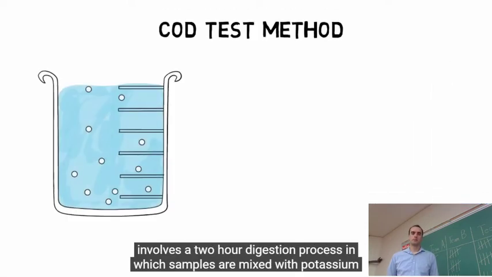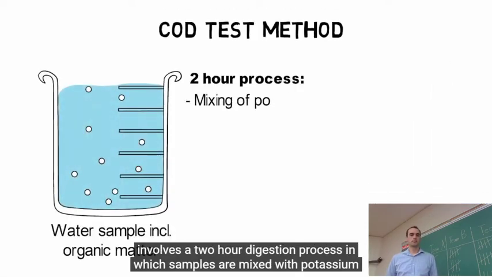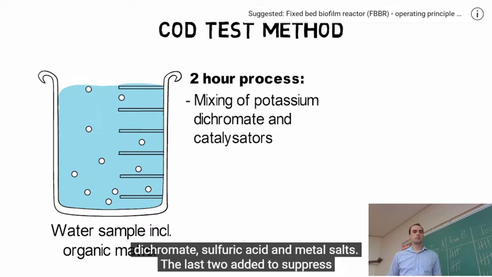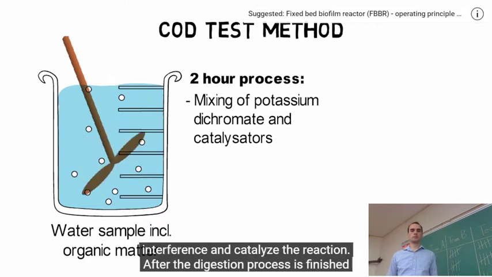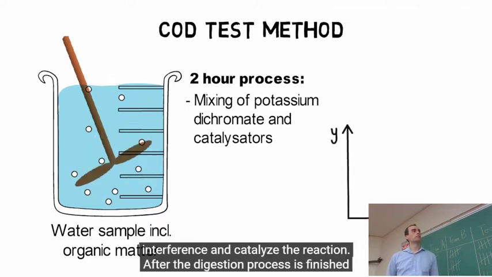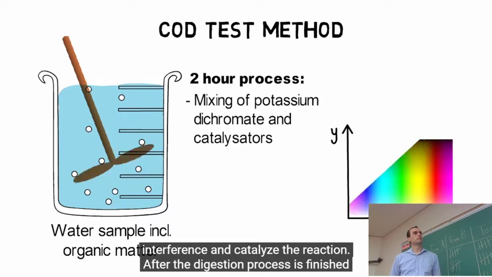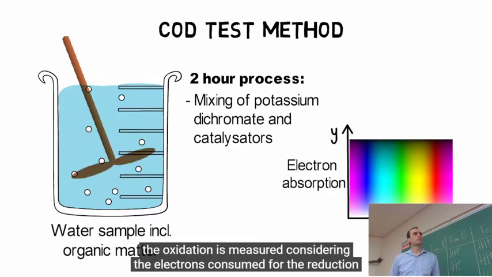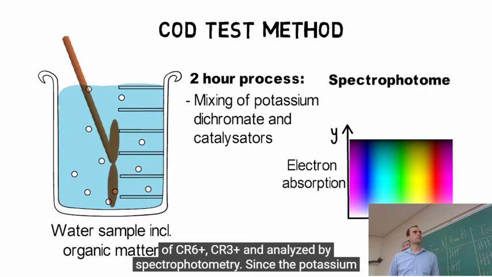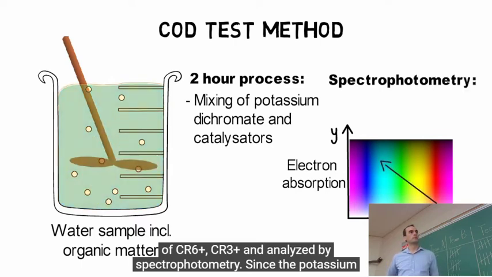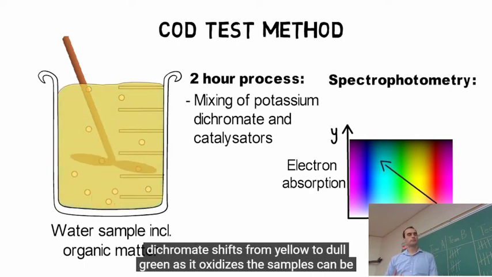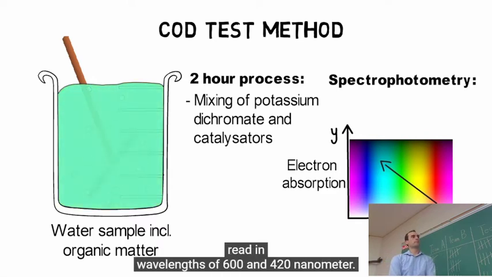The technique involves a 2-hour digestion process in which samples are mixed with potassium dichromate, sulfuric acid, and metal salts, the last two added to suppress interference and catalyze the reaction. After the digestion process is finished, the oxidation is measured considering the electrons consumed for the reduction of Cr6+ to Cr3+, and analyzed by spectrophotometry. Since the potassium dichromate shifts from yellow to dull green as it oxidizes, the samples can be read in wavelengths of 600 and 420 nanometers.